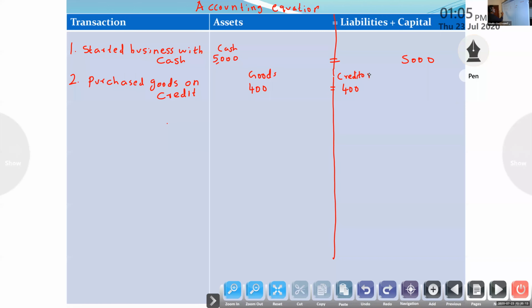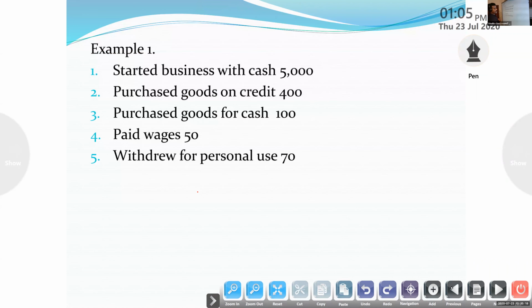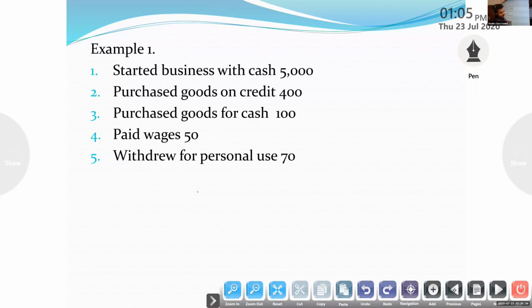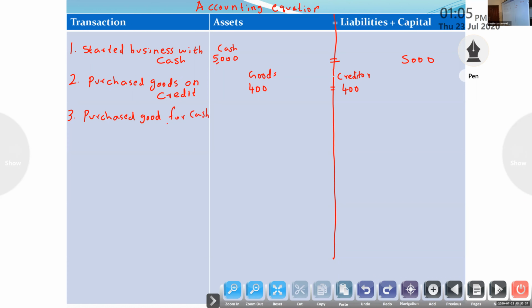Okay, so next one, third: purchased goods for cash. The amount is 100. Anjo, purchased goods for cash.